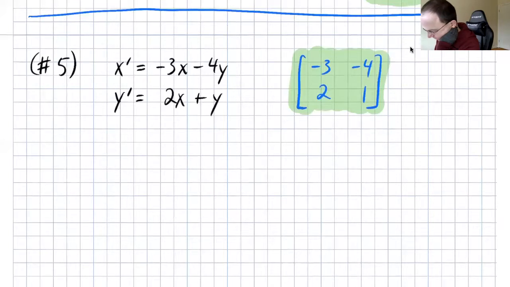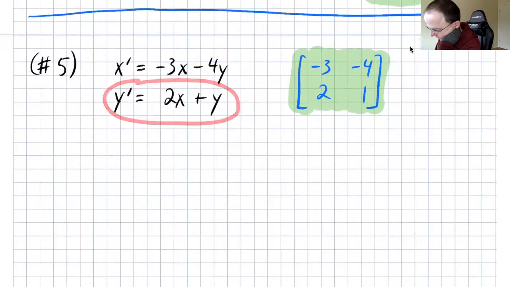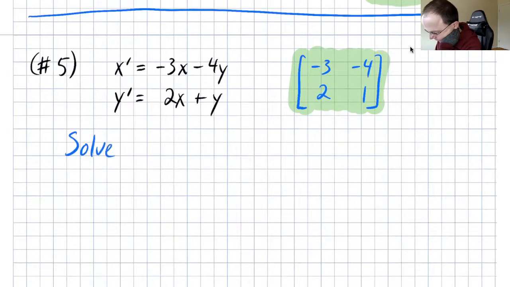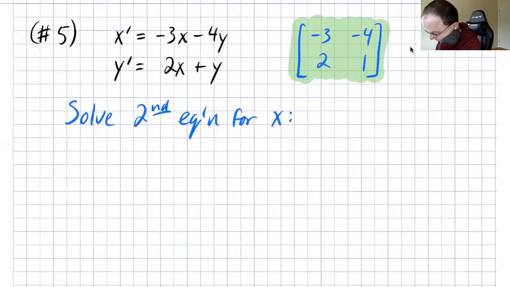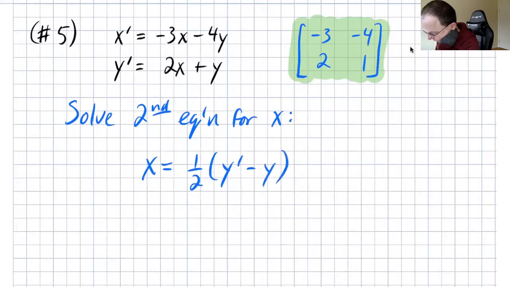Okay, so I'm just looking at this. I want to either solve this equation for y or solve this equation for x. Let's do something different. Instead of solving the first equation for y, we'll solve the second equation for x. And what do we get? So x is equal to 1/2 y prime minus y.